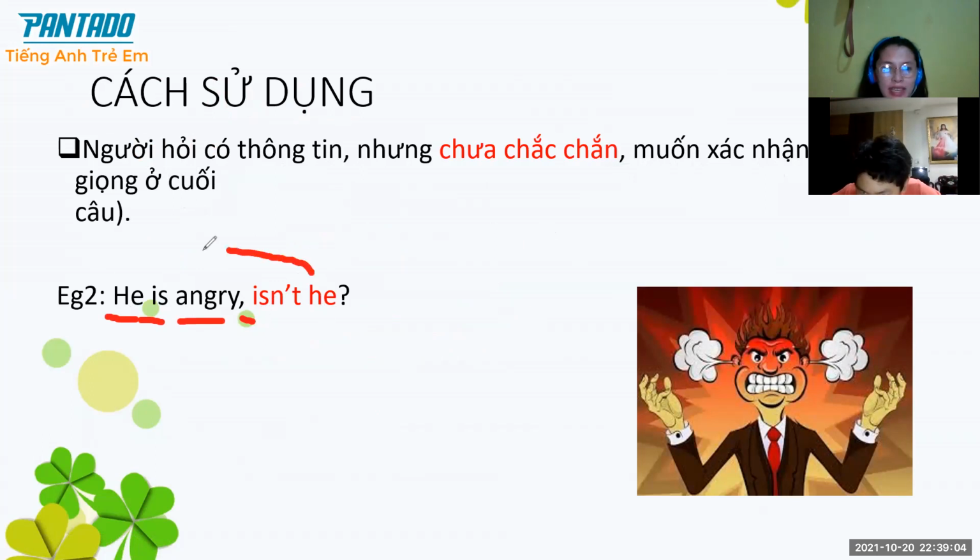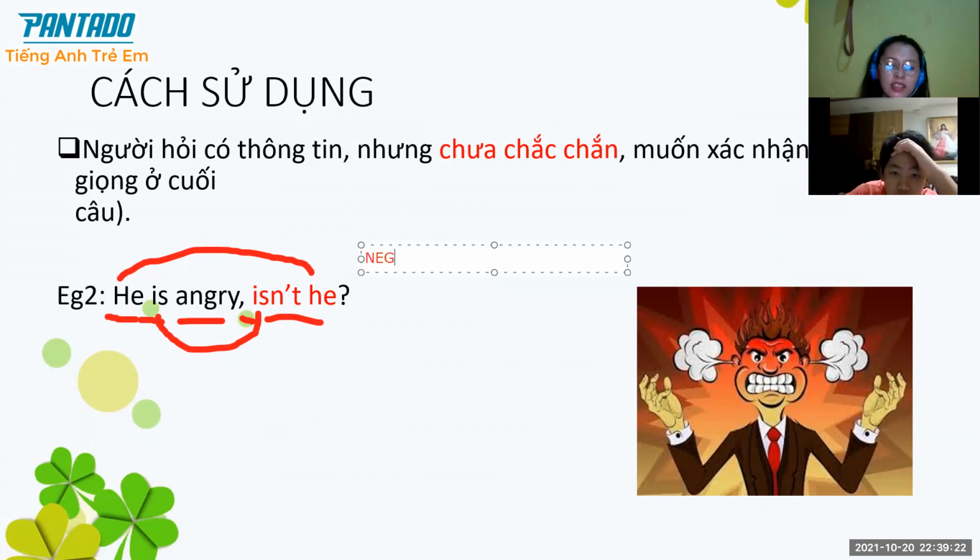We use the he, we use the is, we put not. If the sentence is positive, the tag will be negative. If negative, it will become positive. Negative means there is the word not. Positive means there's no word not.